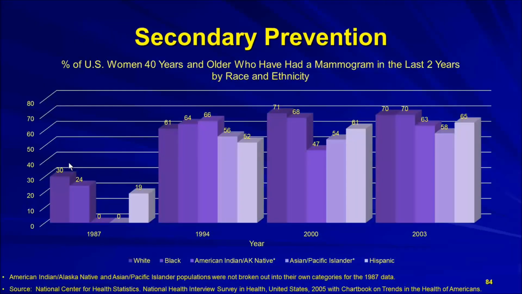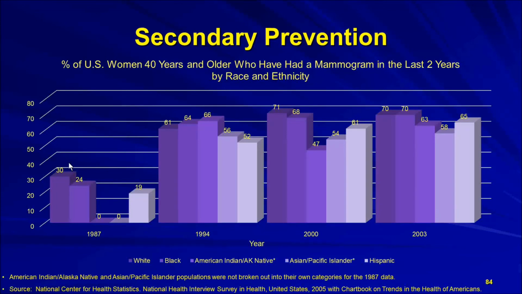Now, this talks about secondary prevention, and what I would like to have you focus on is what do you observe in looking at this graphic together? What do we notice? And this is a trend. We're looking at frequency. We're looking at it over time.